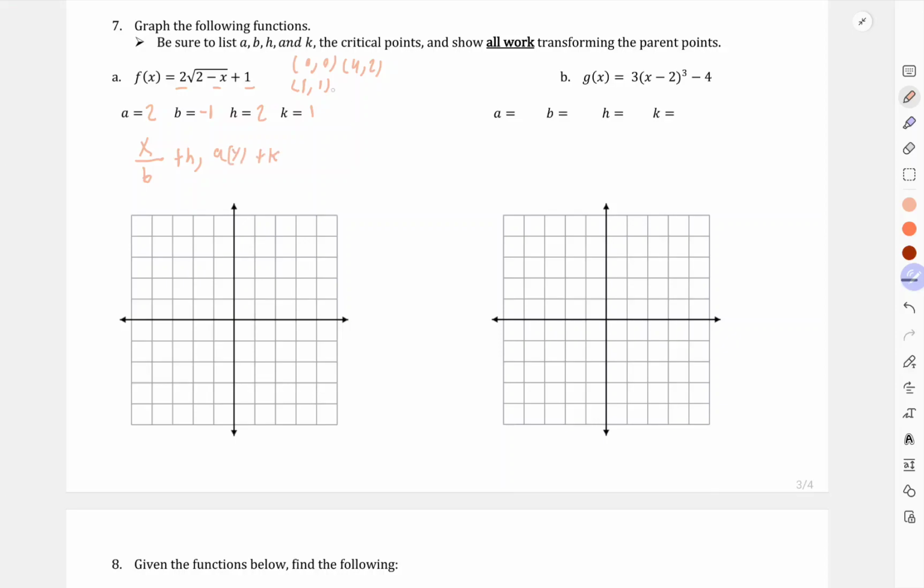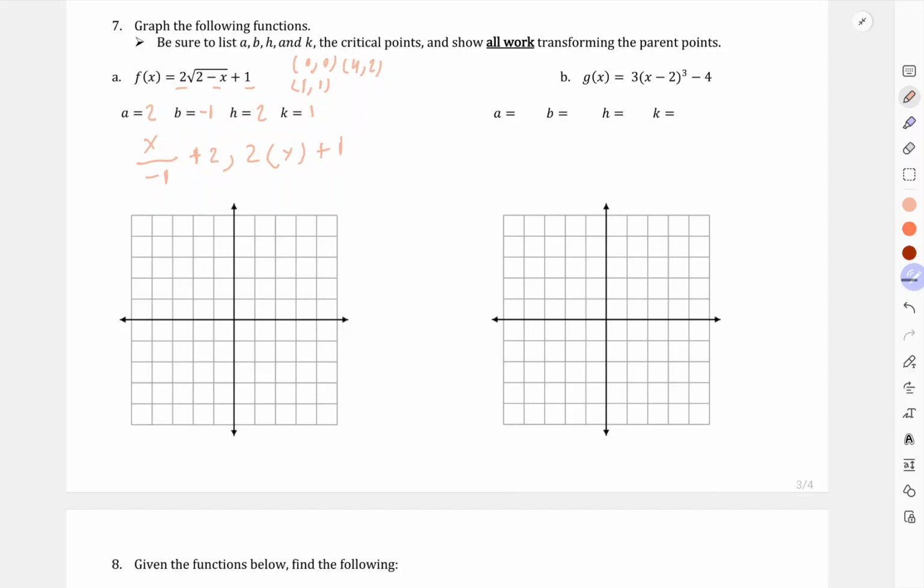Okay, plugging in the parent points to x and y gives us the advantage. So let us start by setting up our formula.